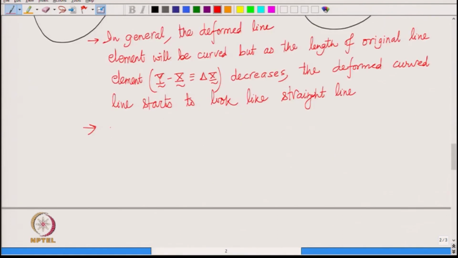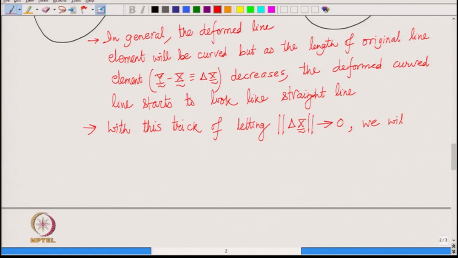And not only this, decreasing with this trick of letting the length of the line element, which is delta x, go to 0, we will also be able to measure strain at the point big X, right.